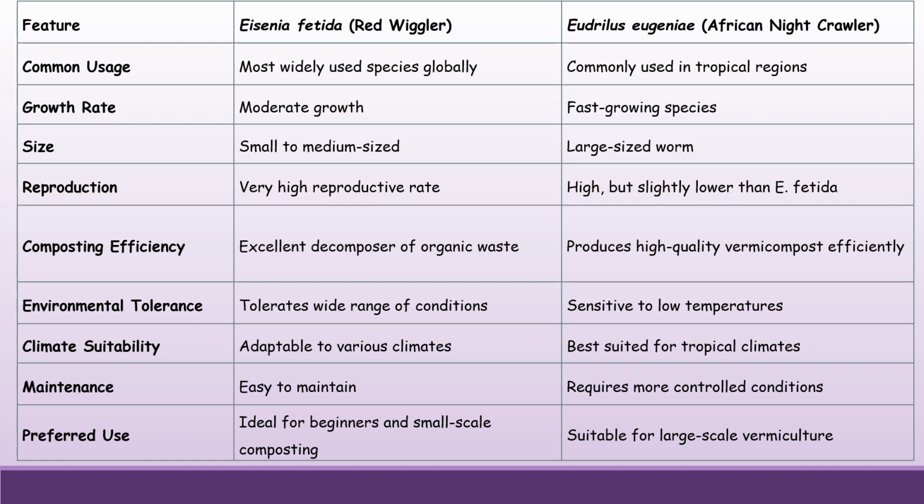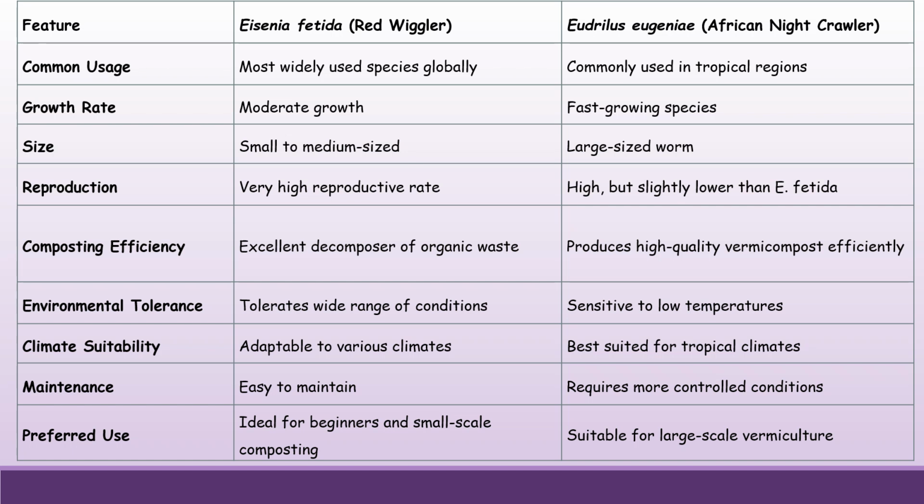They can tolerate a wide range of conditions, are easily adaptable to various climatic conditions, and are very easy to maintain. If anyone is newly starting this vermiculture technique, this is an ideal species because it can be handled very easily. It is ideal for beginners as well as small scale industry.